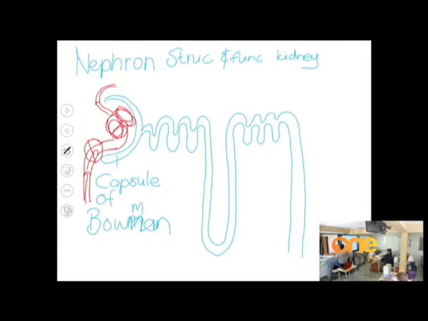Okay, now this red capillary network is called the glomerulus. The capillary network with an increase in surface area and very high pressure is the glomerulus. Increased surface area, high pressure, due to the fact that the inlet, which is called the afferent, is wider.